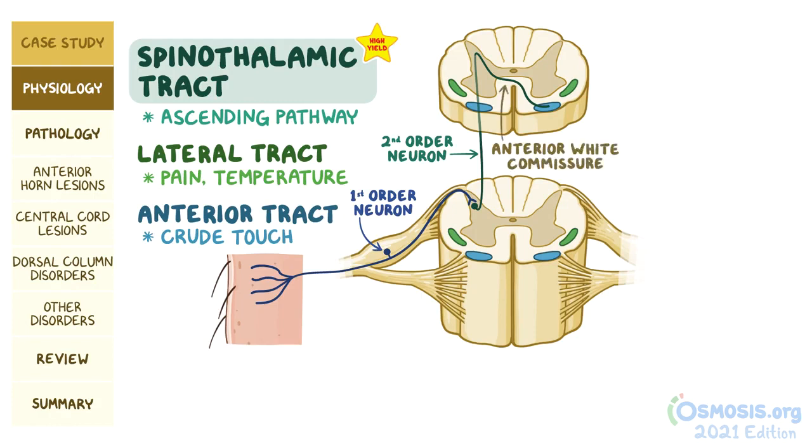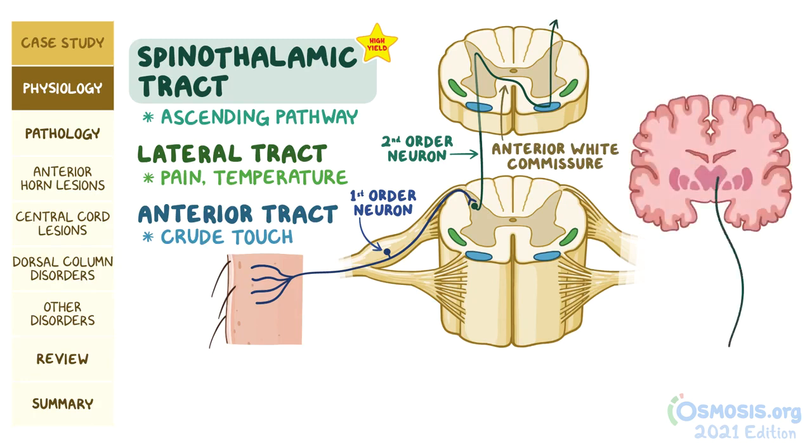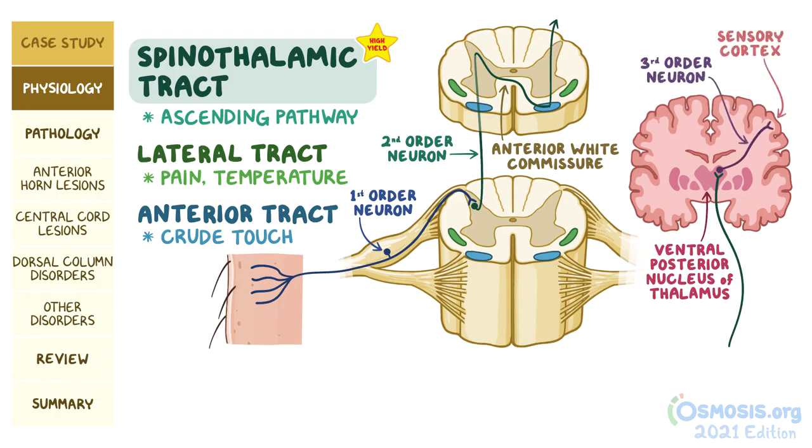The secondary neuron then ascends up the length of the spinal cord via the spinothalamic tracts, and eventually synapses with a third-order neuron located in the ventral posterior nucleus of the thalamus. This third-order neuron then sends its axon up to the sensory cortex of the brain, letting you know that it's a sensory signal.